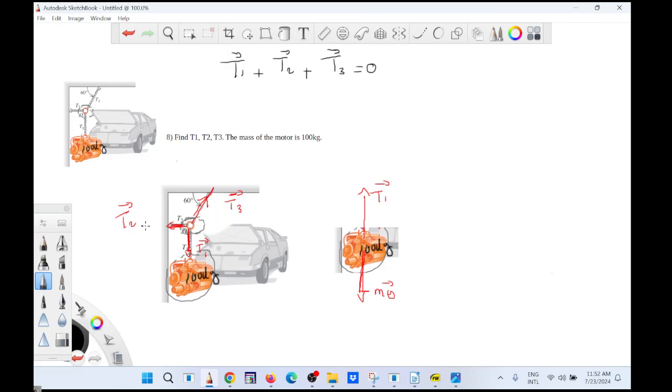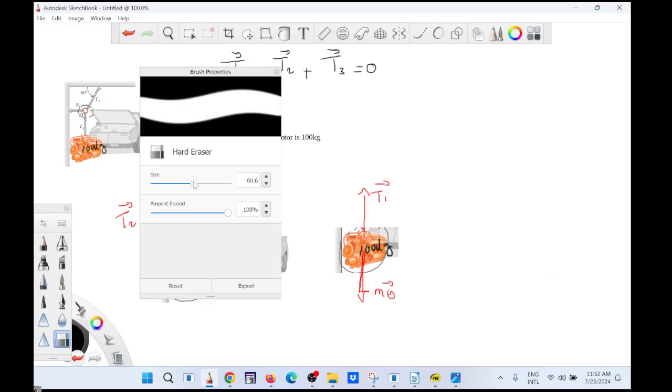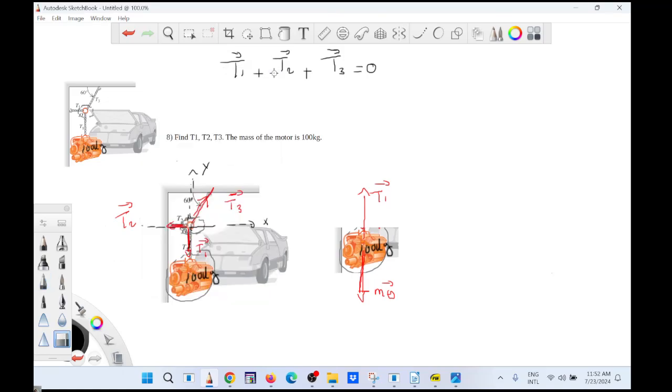Okay, so let's look at the equation. So first of all, you can make your x-axis, and here you have your y-axis. So we are back to this string. So remember, it's always good to visualize the components of the forces along the axis.